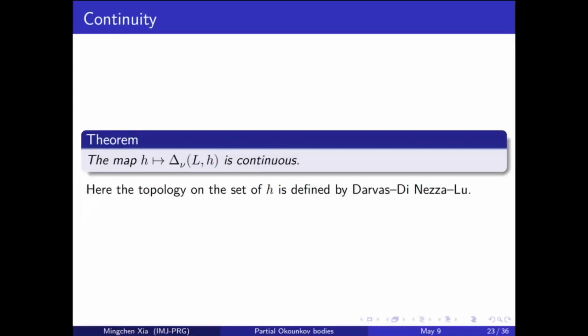I will not talk about the details of this topology since it's rather technical. But the important thing is we really get a continuous function from the set of singular H to the set of convex bodies. So these convex bodies can really move in a continuous manner within the set of convex bodies. So it's rather different from the behavior of the classical Okounkov bodies.